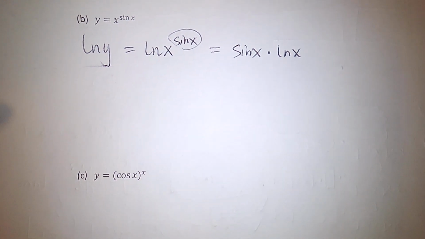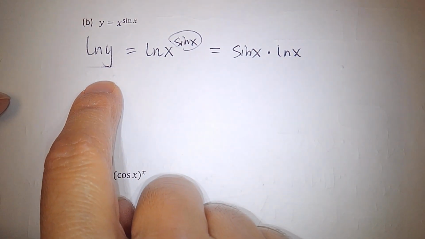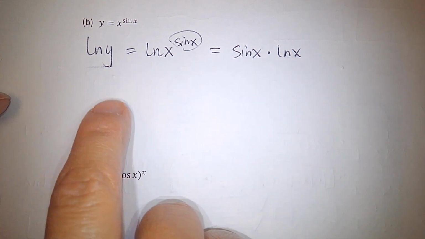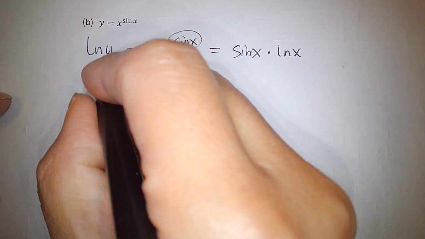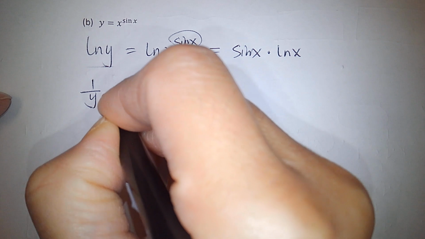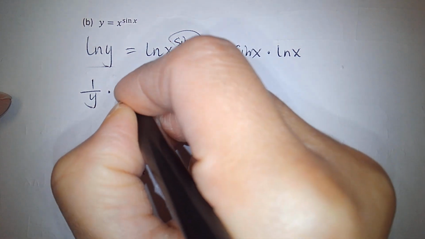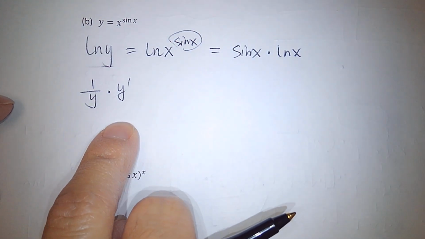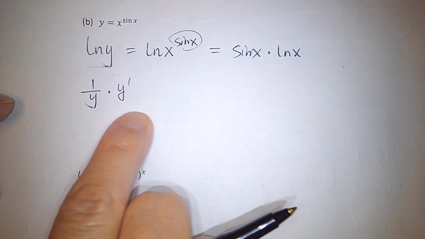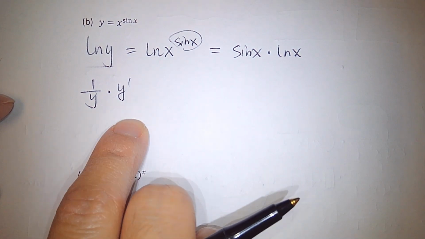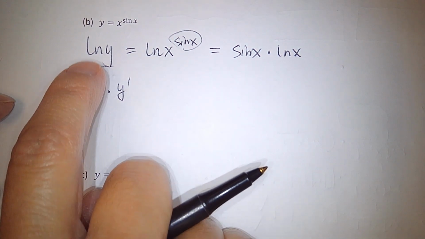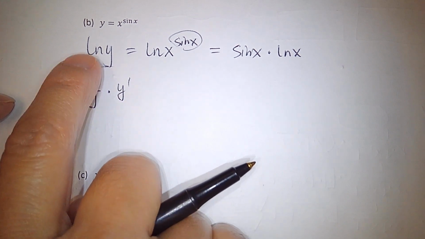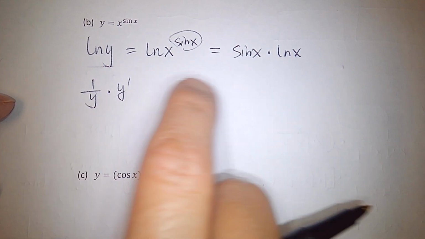Step 1, done. Step 2, differentiate both sides with respect to x. Left hand side, ln y, 1 over y times y prime. You will see that in log differentiation, the left hand side most of the time looks like this.